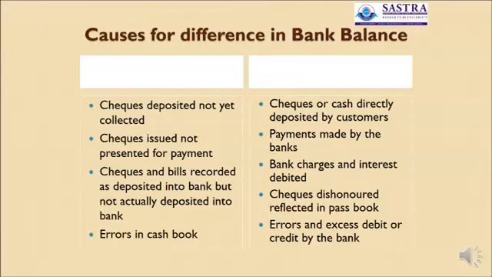See, what are the causes for the differences? Causes for the differences in bank balance. The transactions entered in cash book not reflected in passbook, and the transactions reflected in passbook not recorded in cash book. Checks deposited not yet collected but entered in cash book as a receipt.